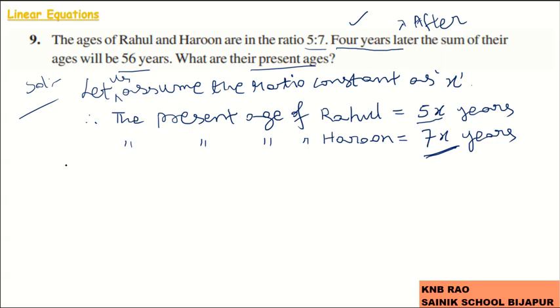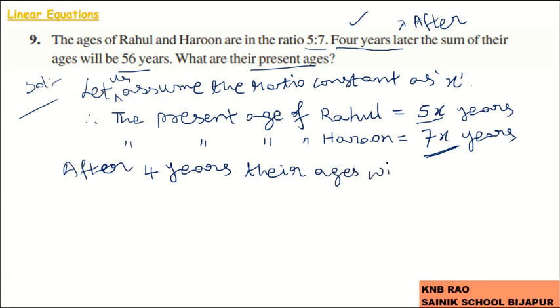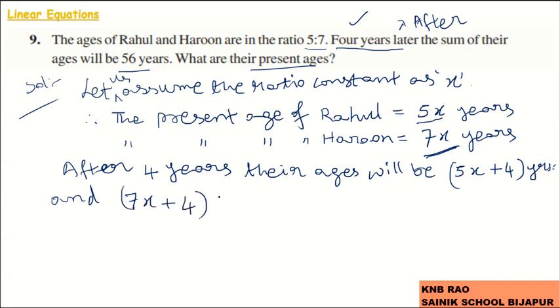So we will write now: after 4 years their ages will be 5x plus 4 years and 7x plus 4 years. So this is what we have got after 4 years.